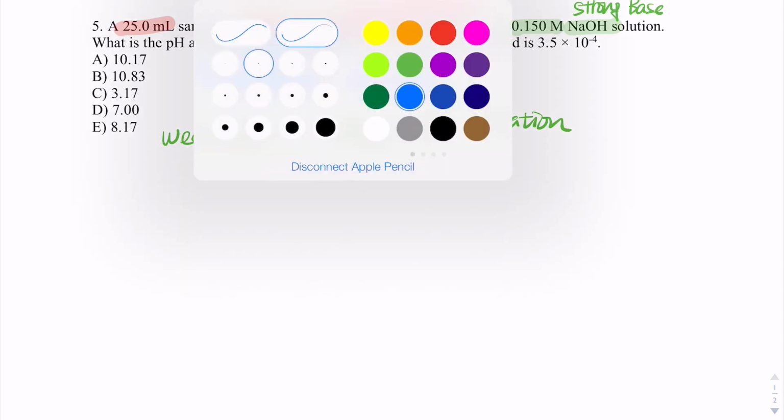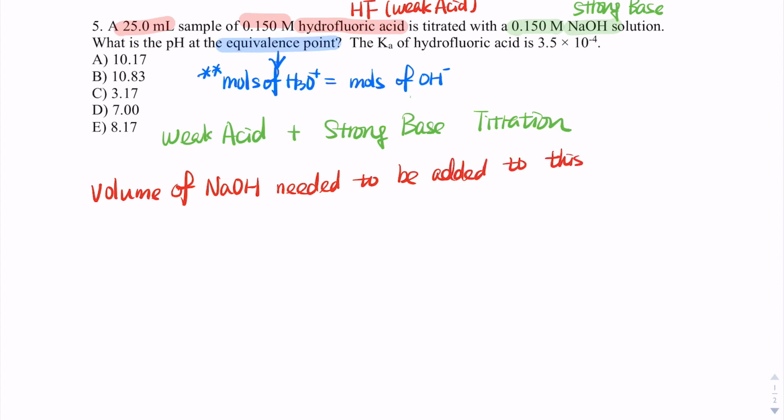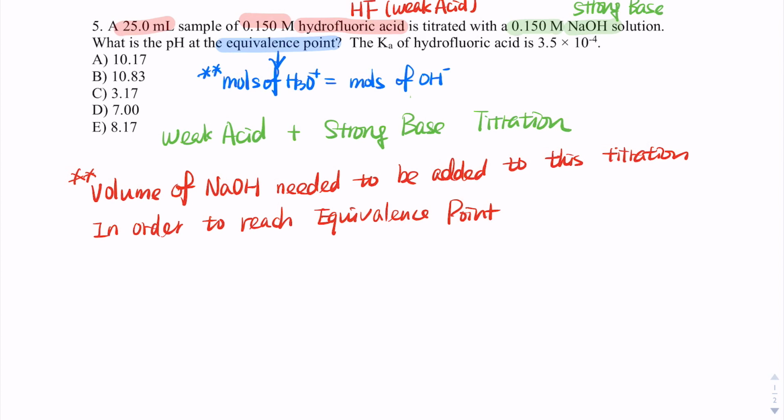The first step is to figure out the volume of the hydroxide needed to be added to this titration in order to reach the equivalence point. This is also a very important skill to have for titration. That's the first thing you need to calculate.